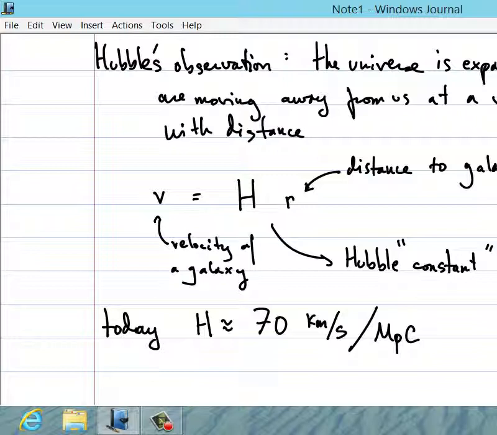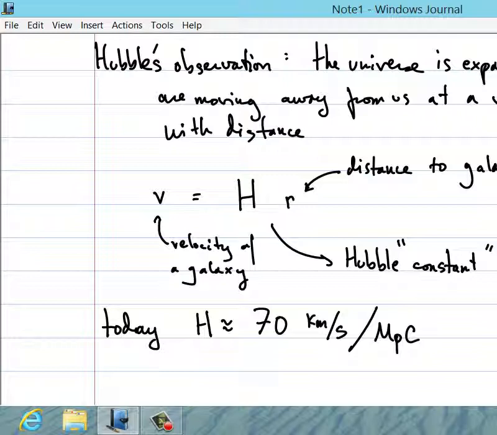Hubble's constant is the same everywhere, but it turns out to be a function of time. The Hubble constant now is different from what it was earlier in the history of our universe.